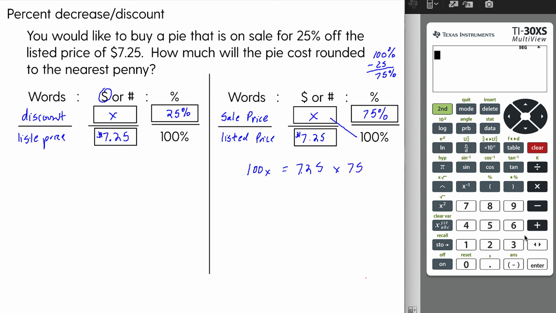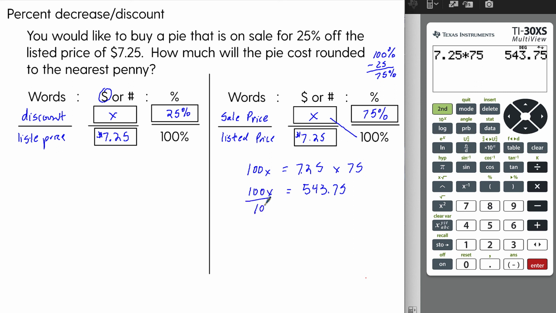So let's put that in the calculator. 7.25 times 75 equals 543.75, and that's equal to 100x.